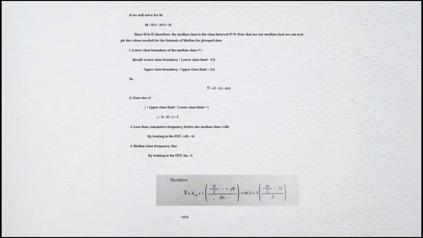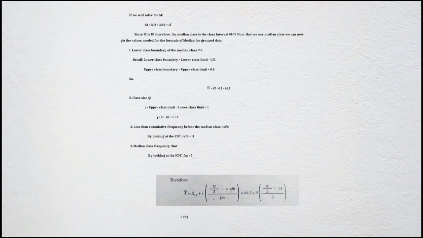So for our lower class boundary of the median class, we have 67 minus 0.5 is equal to 66.5. And for our class size, 71 minus 67 plus 1 is equal to 5.